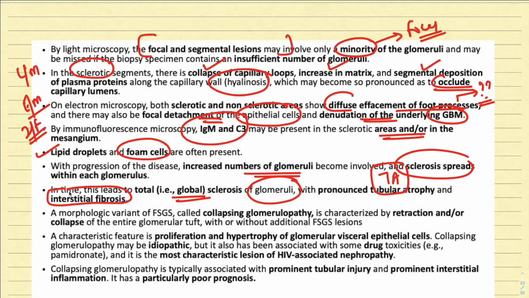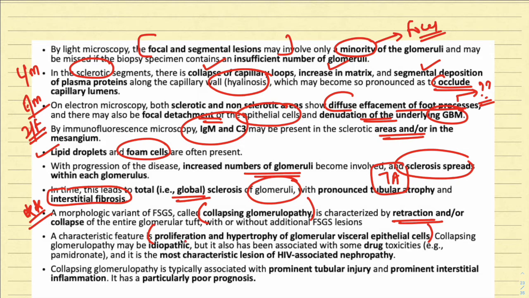Now, a morphological variant of FSGS is also called collapsing glomerulopathy. As you can understand from this term, the entire glomerulus is going to retract or collapse. A characteristic feature is the proliferation and hypertrophy of glomerular visceral epithelial cells. So we will see in the collapsing variety that there is a lot of proliferation and hypertrophy of the glomerular visceral epithelial cell.